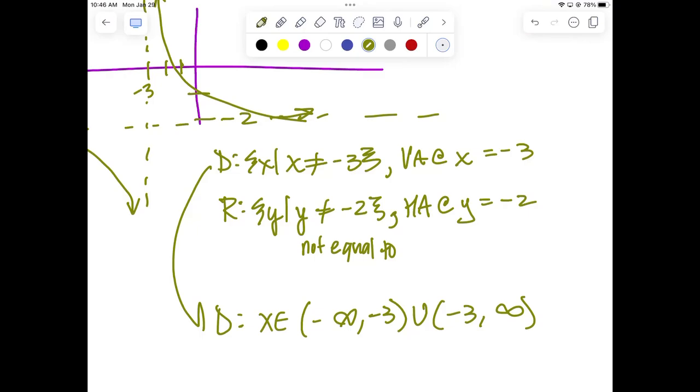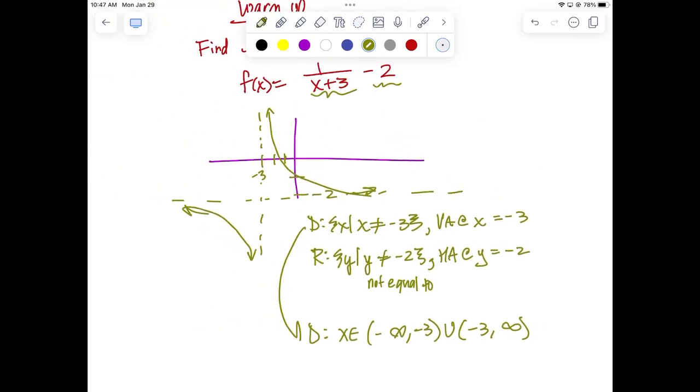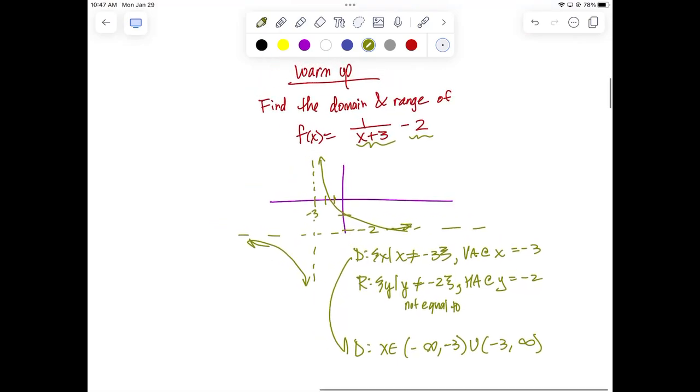So whenever it's just an exclusive value that you're not using, it's easier to say x cannot equal -3, and then by default, all the other ones work. Yes, for these types of functions. For these parent functions, 1 over x, with any transformations, you'll exclude the vertical asymptote for the domain, and you'll exclude the horizontal asymptote for the range every time. Yep, absolutely. Any other comments or questions?